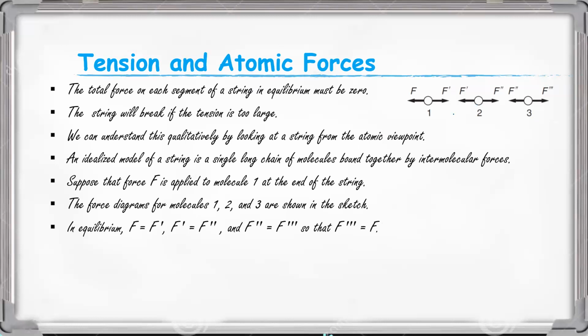And in equilibrium, we consider each section, then in each section F must be equal to F dash, F dash must be equal to F double dash, and F double dash must be equal to F triple dash.